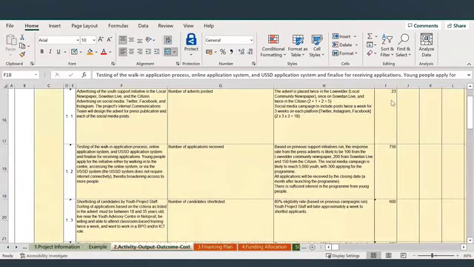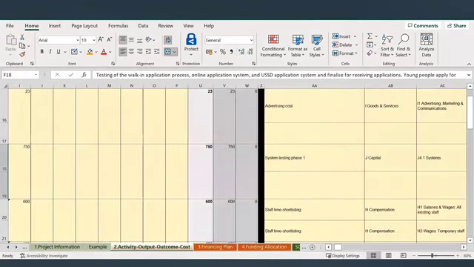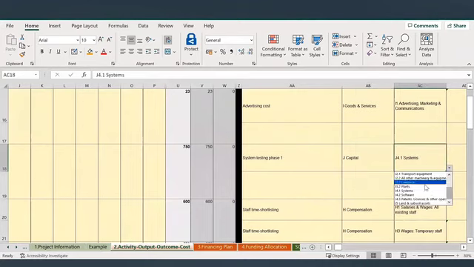So the second cost item is to do with activity 1.2, which is testing of the walk-in process as well as the online system. And if we go across to that particular item, it's exactly that. We are in the testing phase. We allocate that to capital, and under capital, there are a number of options.